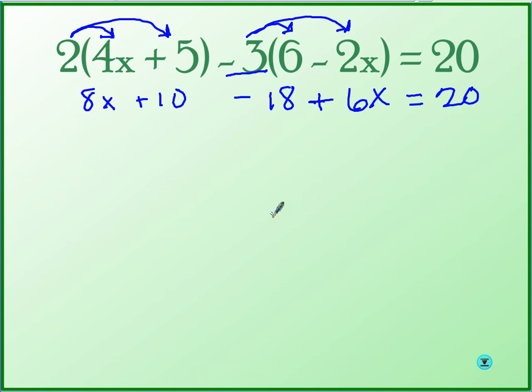Remember, after distribution comes combining like terms. I have 8x's plus 6 more x's gives me a total of 14 x's. And 10 minus 18 leaves me with negative 8. And this still equals 20.